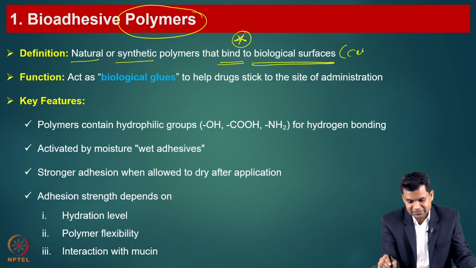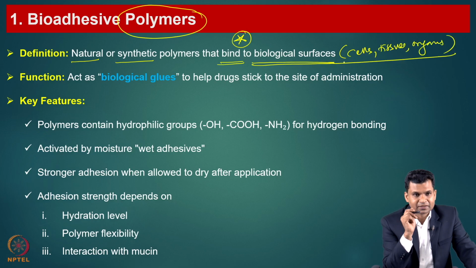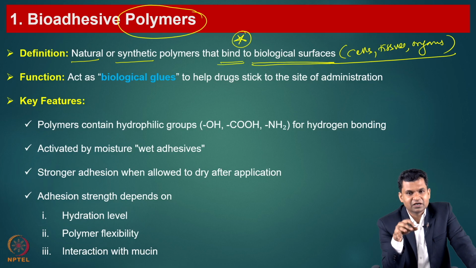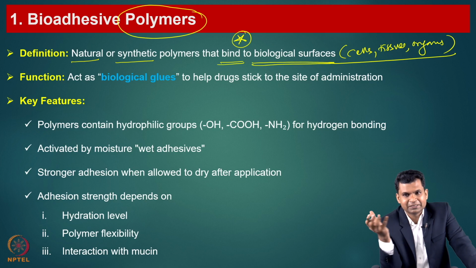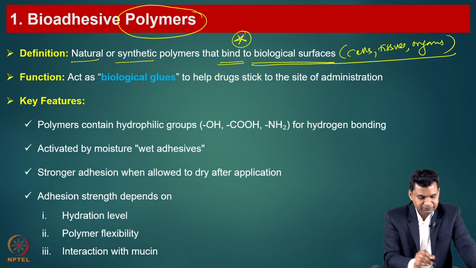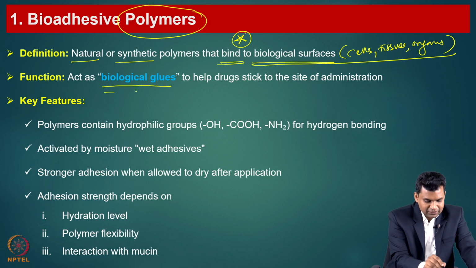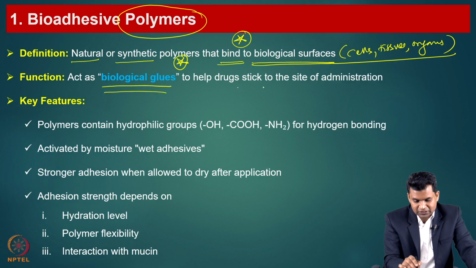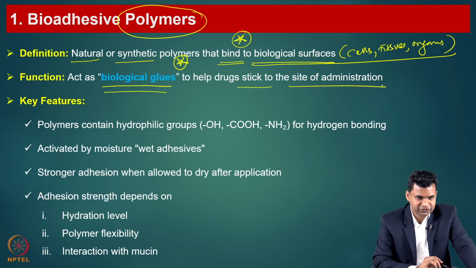It may be cells, tissues or organs where mucus is present. That is the definition of bioadhesive polymers. Mucoadhesive polymers will specifically bind to the mucus layer, and their function is to work as biological glues which stick to the site of administration.